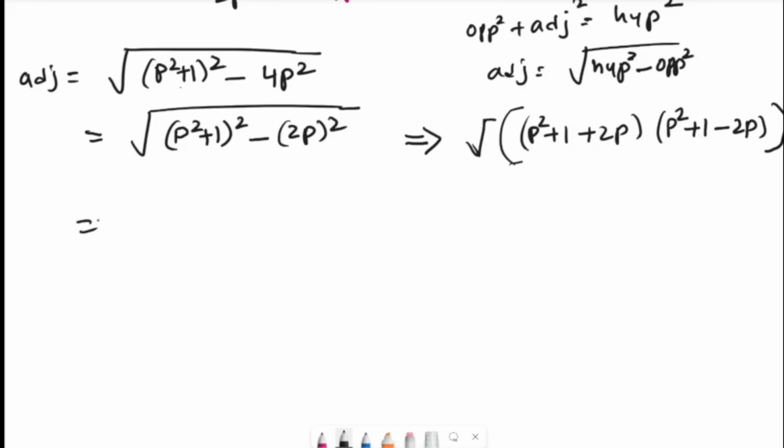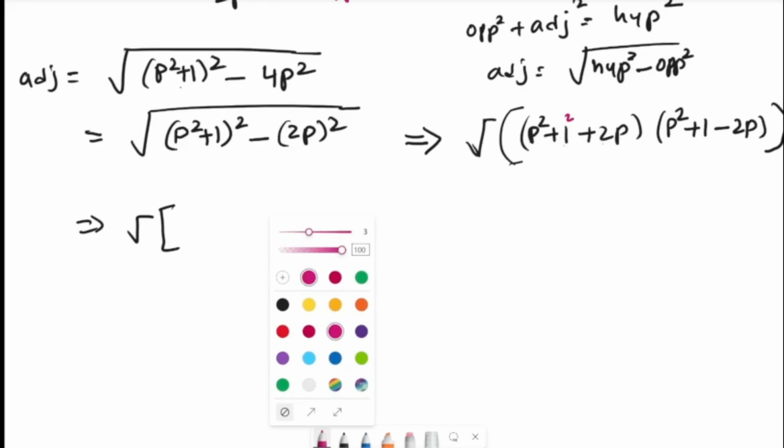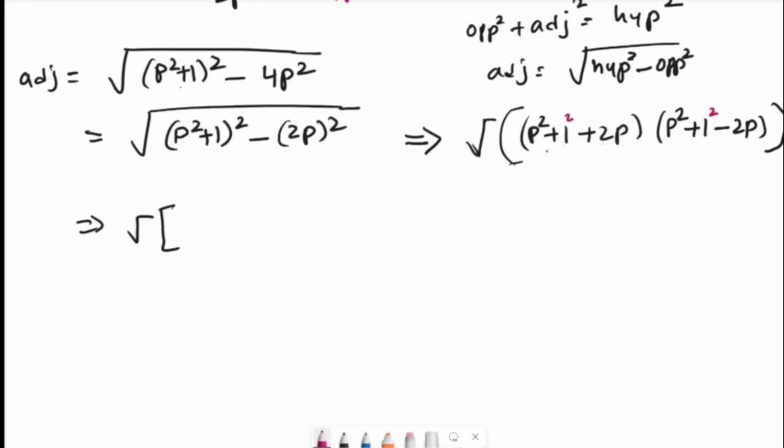So this will evaluate to the root of... If you look closely, P square plus 1 whole square is A square plus 2AB plus B square, because we can write 1 as 1 square, and there is a hidden one: 2P is 2 times P times 1. So this is basically P plus 1 whole square. And the other is P minus 1 whole square. Understand?